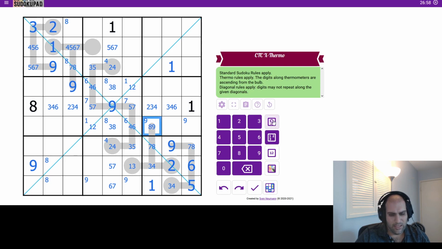What if this is 8? That's the other forcing move. Doesn't even force all that much, does it? Not that I see.